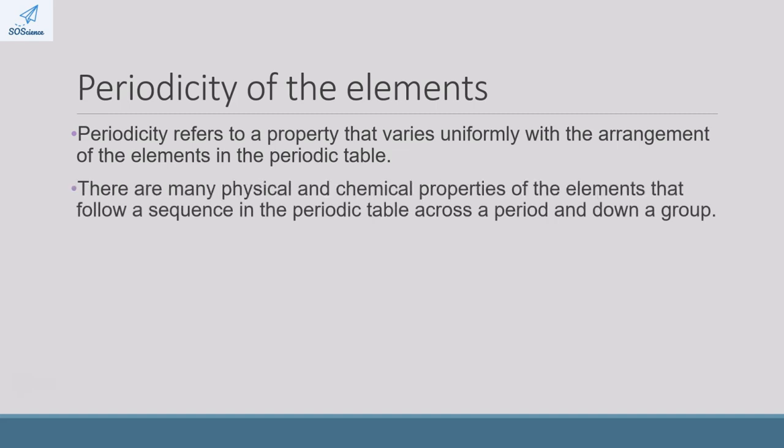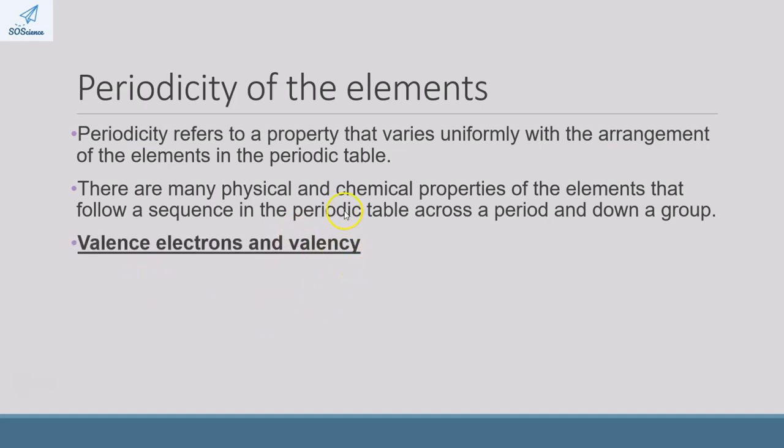And there are many physical and chemical properties of elements that follow a sequence in the periodic table as we move across a period or as we move down a group. And we've seen that in terms of the N value, in terms of the valency and the valence electrons.